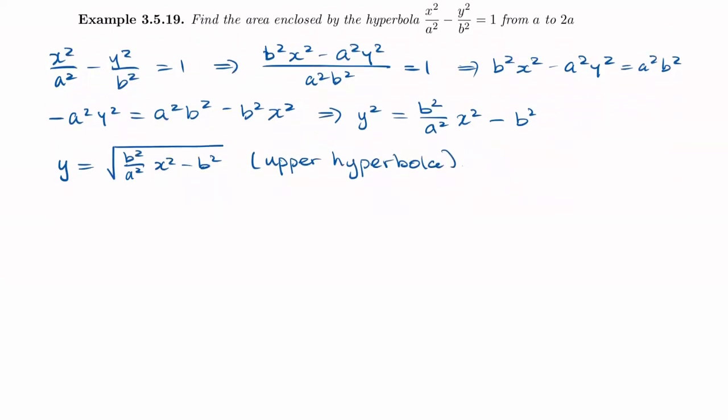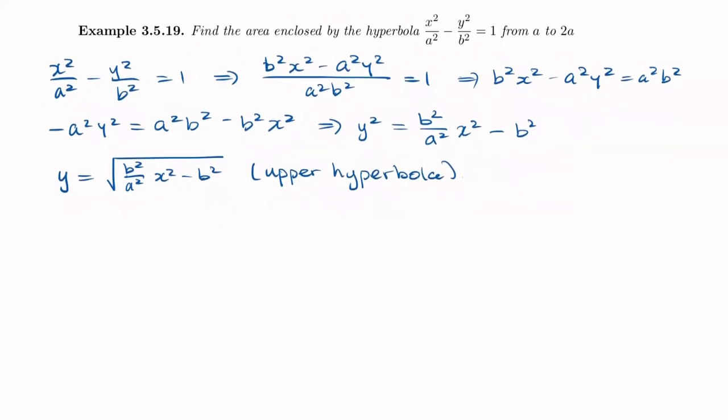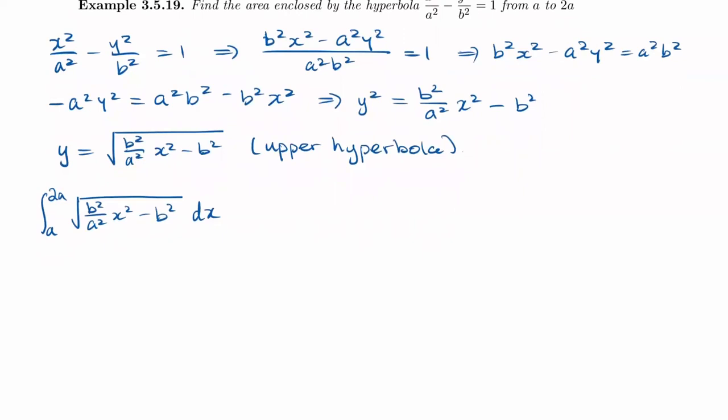So now if we take the integral between a to 2a of this expression, well, this is going to be a little bit tricky, but let's try to make sure we're doing this right. Or let me try to get this in terms of x, just x by itself here.